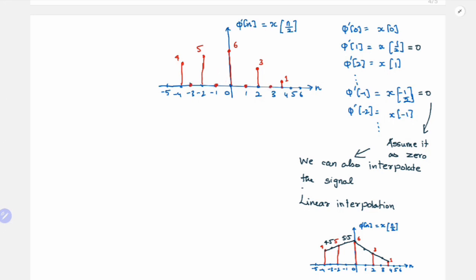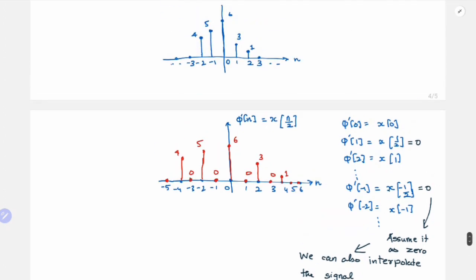It is an easier approach. This also depends on what we require. If you are actually going to convert this back into a continuous time signal, adding zeros may not make sense. We need to use some interpolation, or if we know the continuous time signal's waveform, we have to use that.